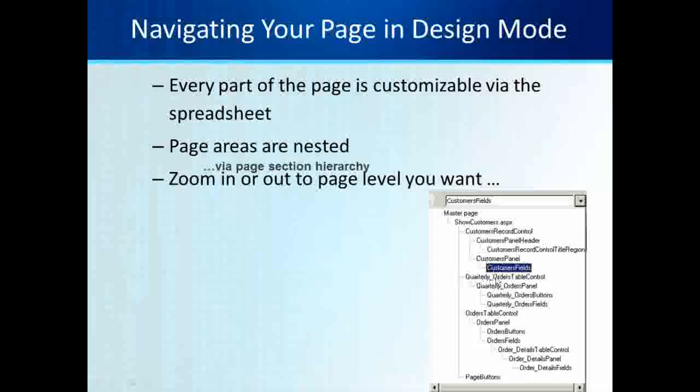And then if you want to stick another table control on there, and so on and so on. And then lastly, you've got the page buttons. Every part of the page is customizable via the spreadsheet. The pages are nested, and as I advised earlier, that uses hierarchy. And then you can zoom in and zoom out on page level as you want. Beautiful thing.